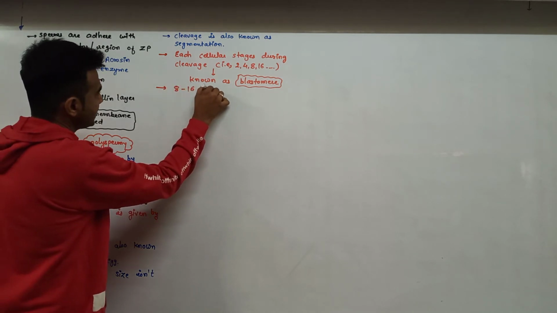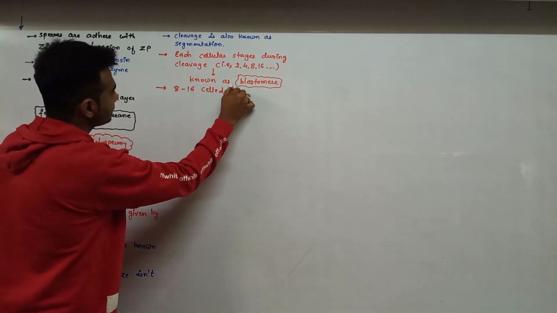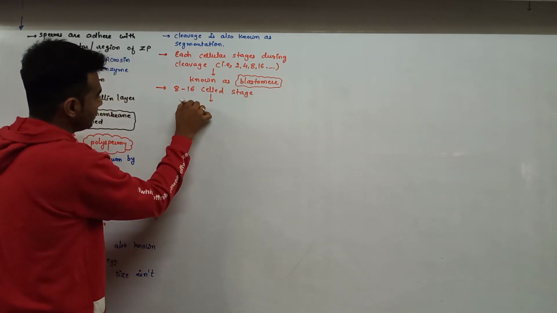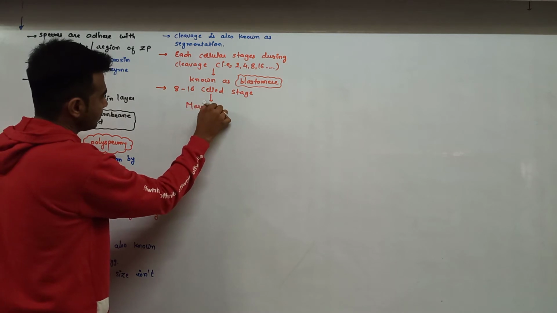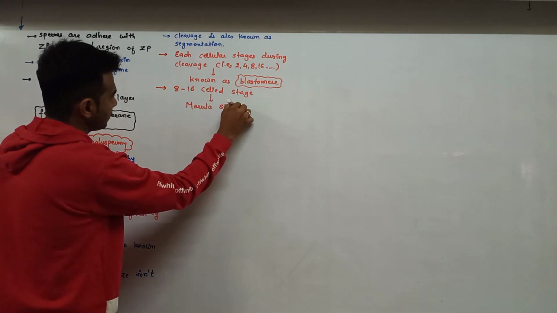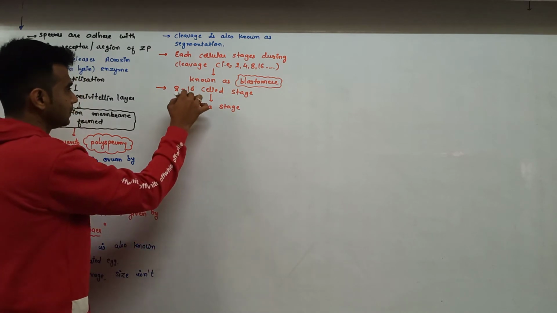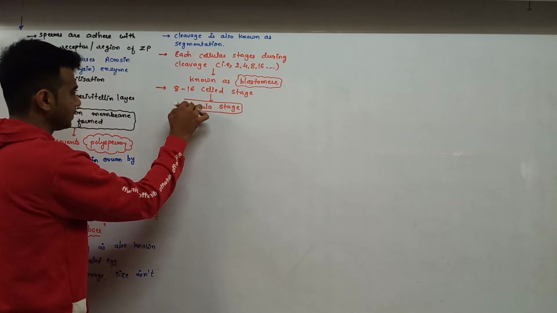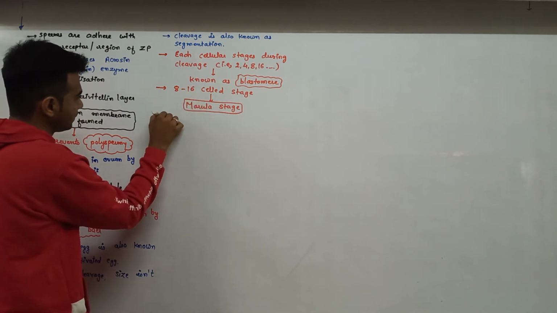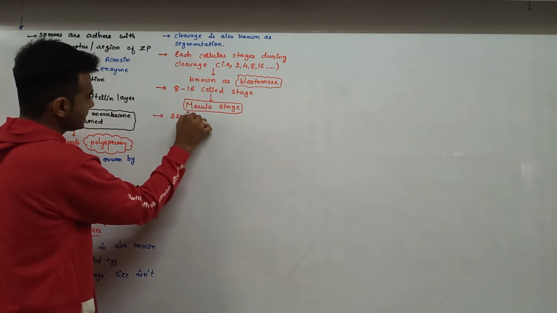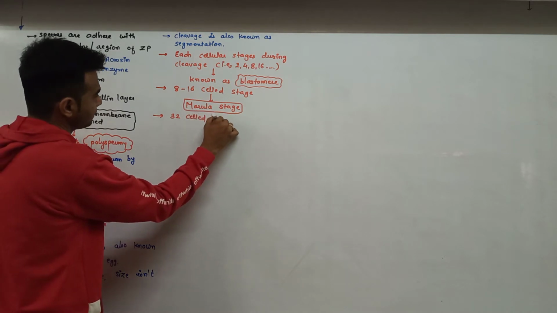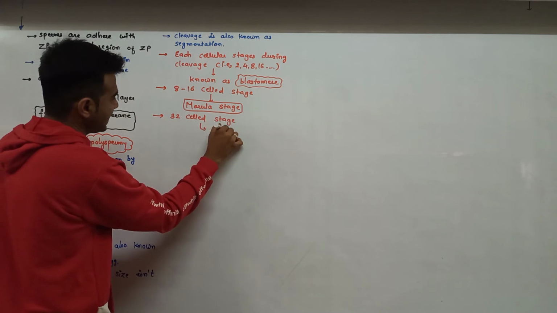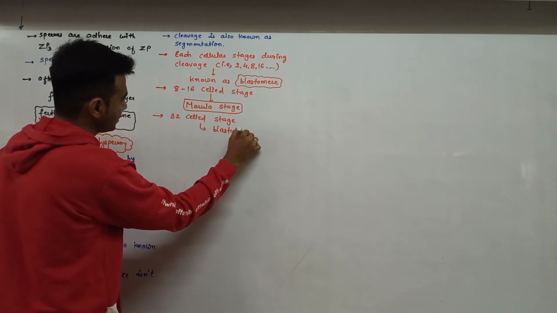The 8 to 16 celled stage in the zygote is known as morula stage. And the 32 cell stage is known as blastula stage.